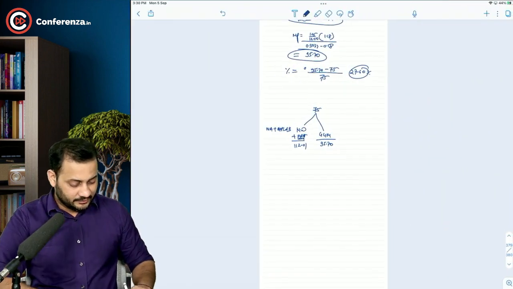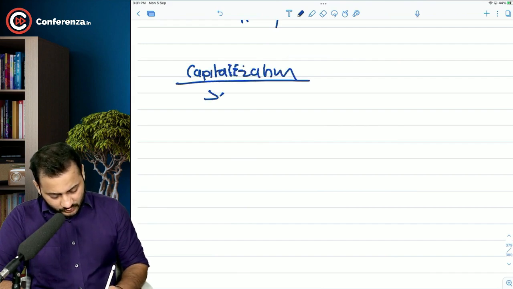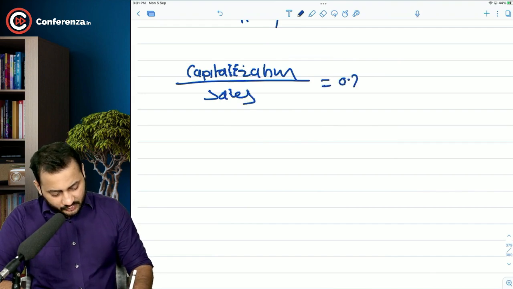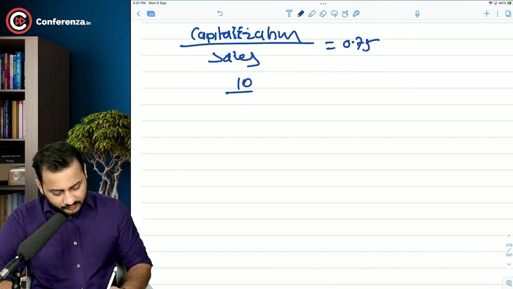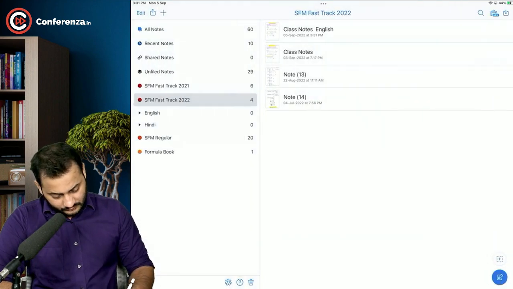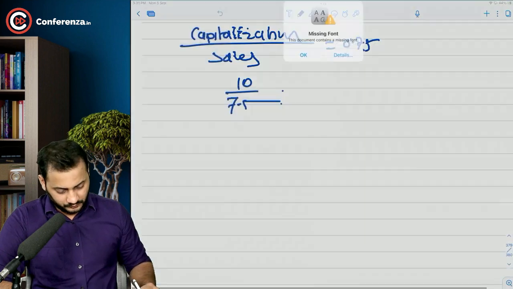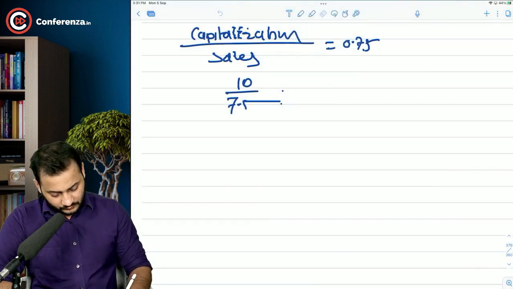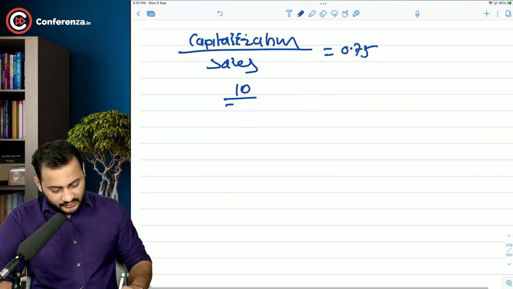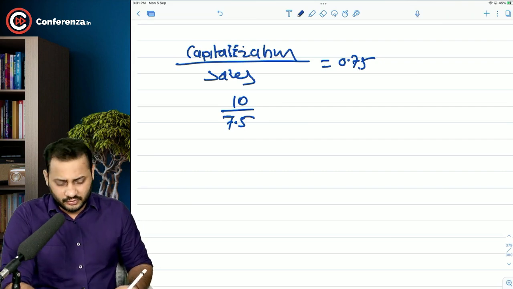I will just explain that to you here. The formula is capitalization to sales, right? And if this is 0.75, you can say it can be like 10 to 7.5 rupees. So if the capitalization is 10 rupees and the sales are 7.5, no, it's not like that.